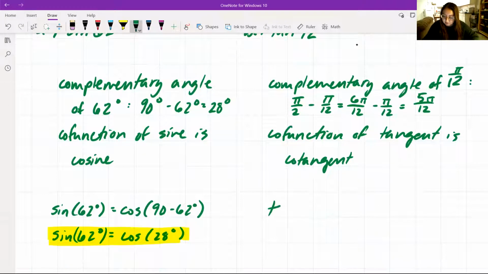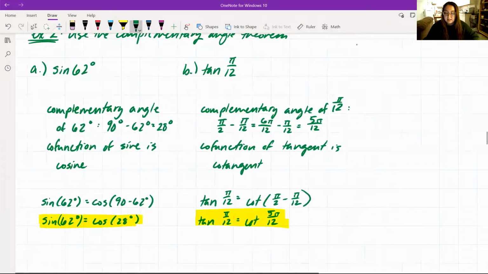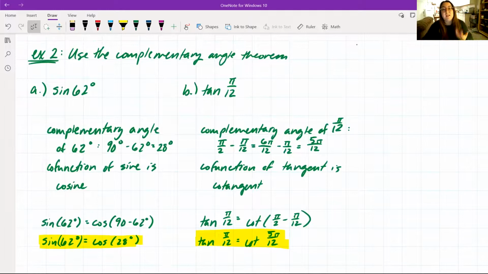When we write this out, we say tangent of pi over 12 is equal to cotangent of pi over 2 minus pi over 12, which simplifies down to cotangent of 5 pi over 12. So we're stating that these values are equal since we used the combination of our cofunctions and our complementary angles.